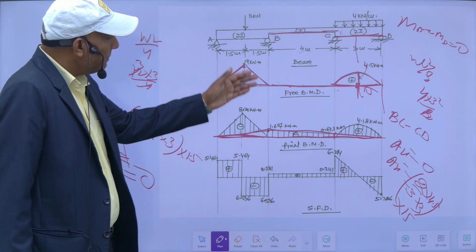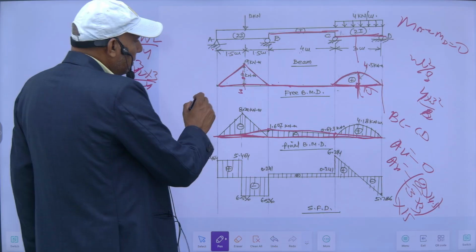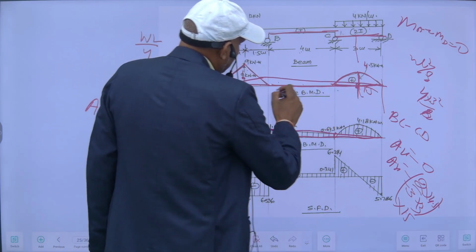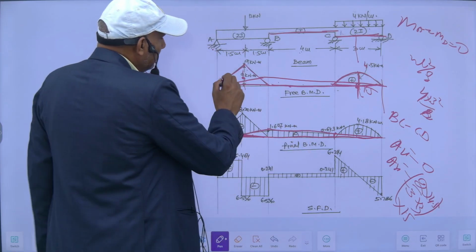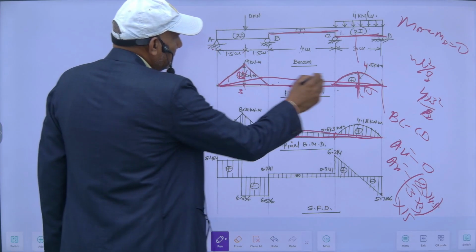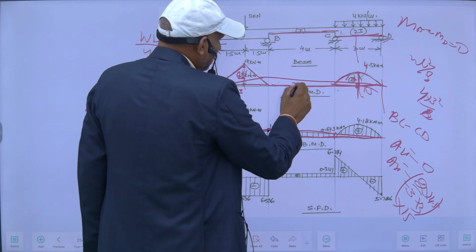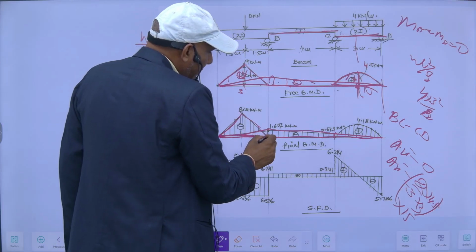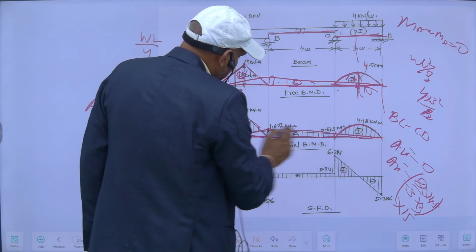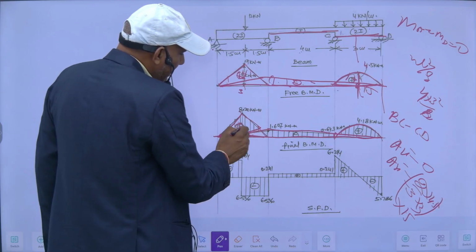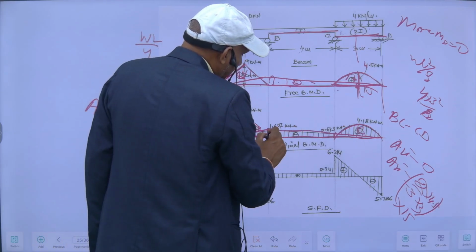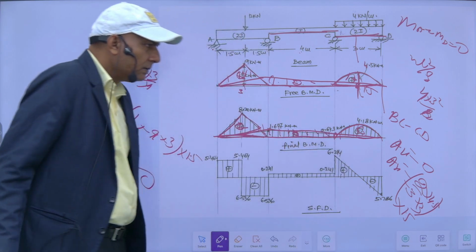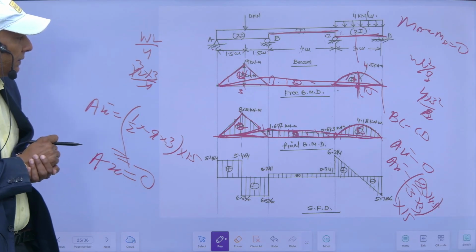When I superimpose this fixed BMD on this, I will get this one. So this is the final BMD. This portion is sagging and this will be hogging.